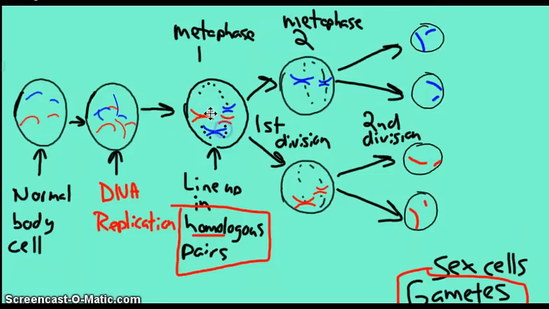But if these chromosomes had arranged themselves in a different order, homologous pairs still, perfectly appropriate, the result would be that we would have a long red chromosome and a short blue one after the first division, long blue, short red down here. And the end result would be that the sex cells would be different. So instead of being long blue and short blue, they are now long red, short blue, and long blue, short red. And those are cells which are genetically different.